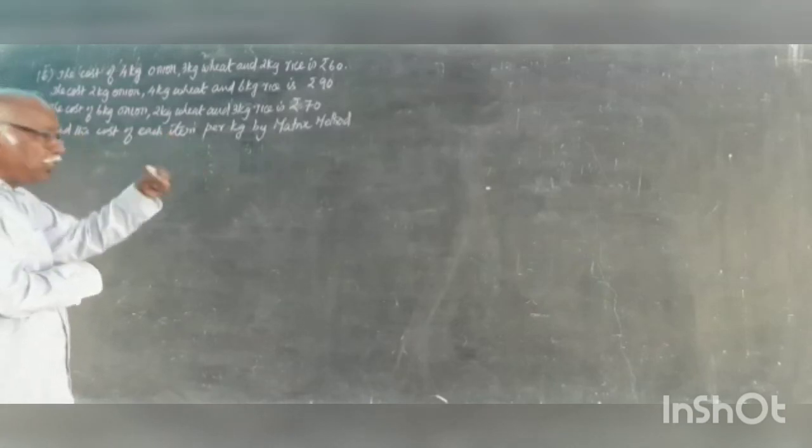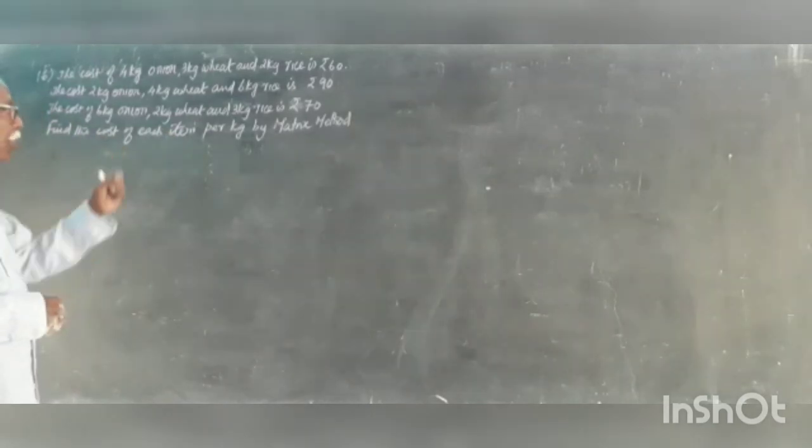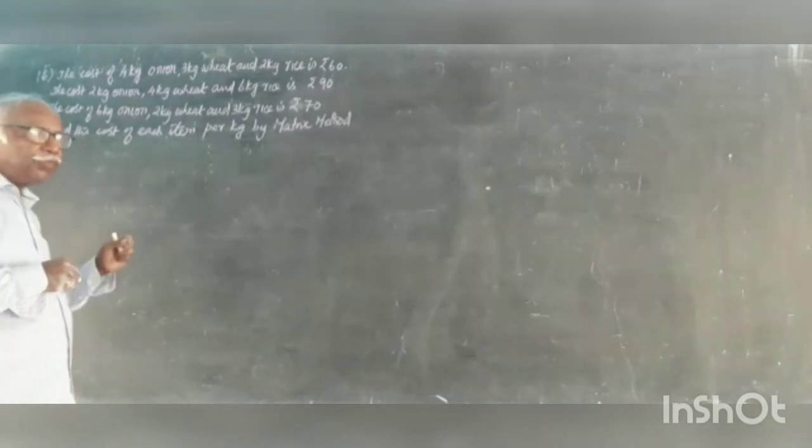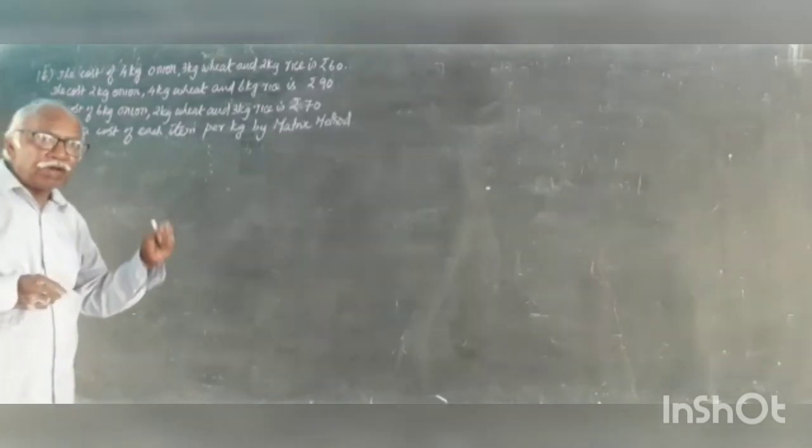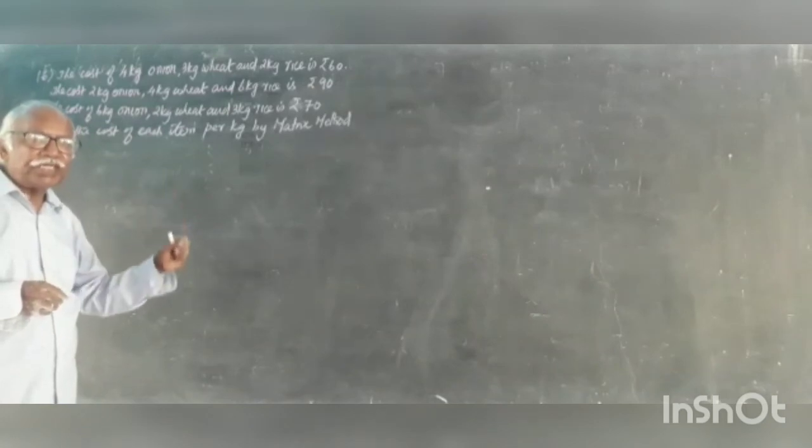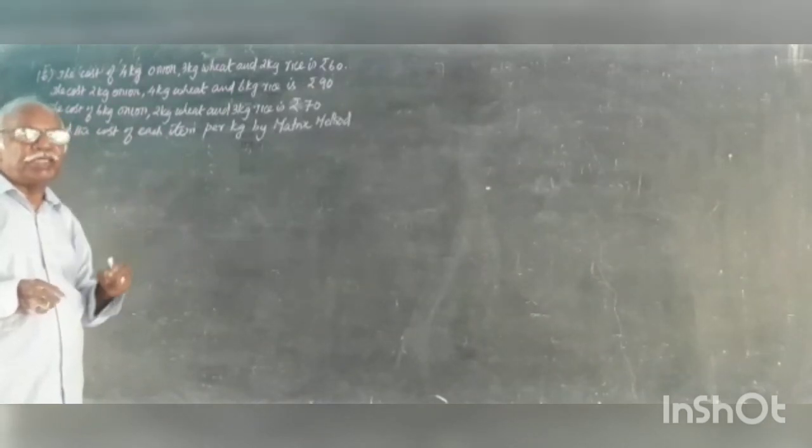Per kg means for 1 kg, by matrix method. This is one of the applications of matrices. For this, we have to assume the price of 1 kg of onion, 1 kg of wheat, and 1 kg of rice as some variables.